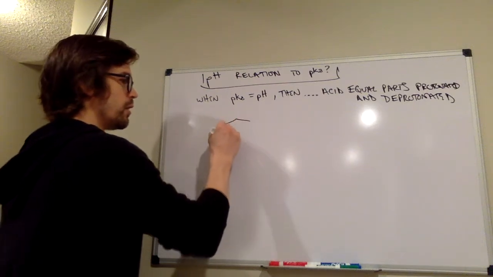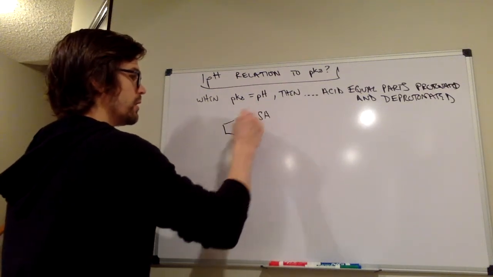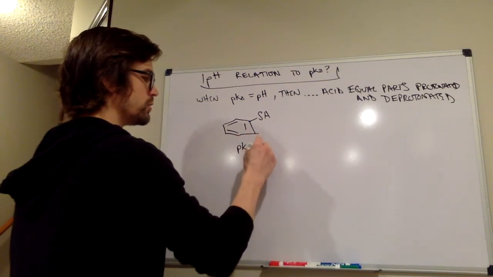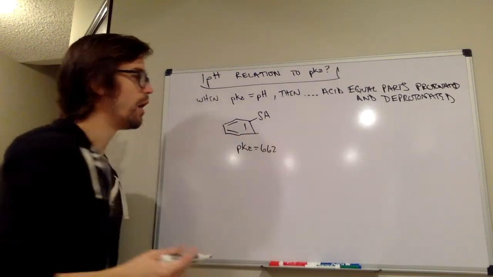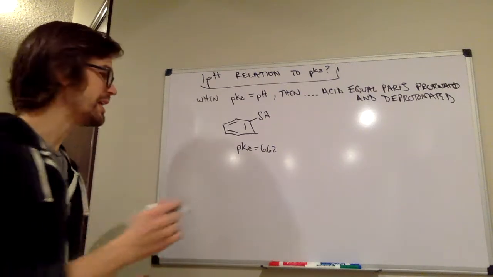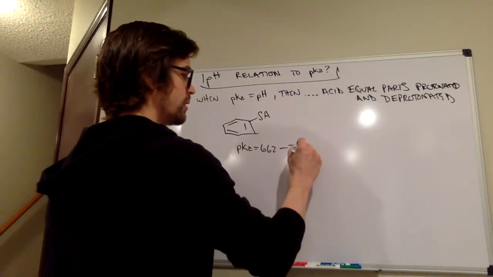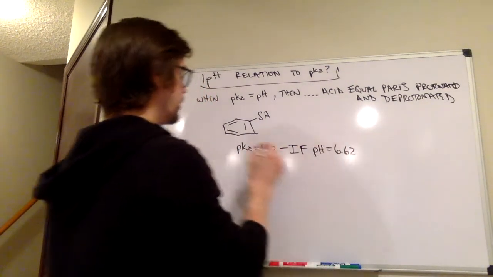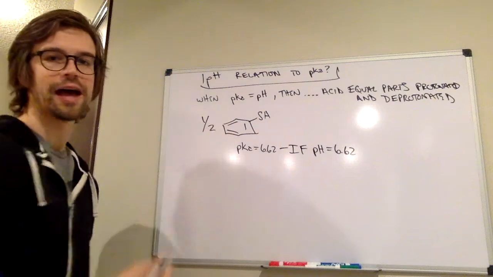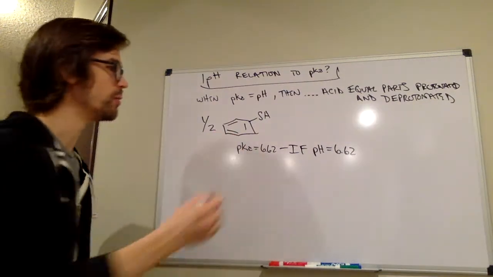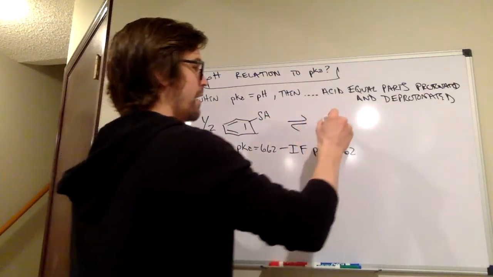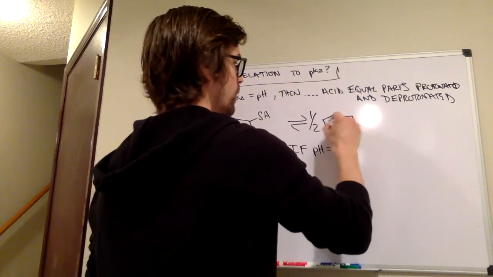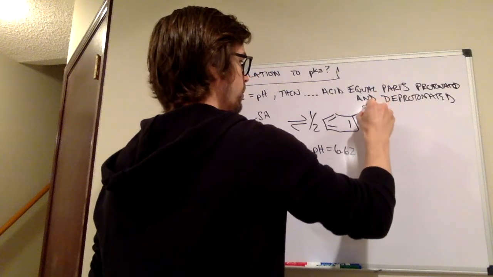So what does that mean? Well, let's take a look at thiophenol again. So we said that the pKa is equal to 6.62. So if the pH equaled 6.62, then 1/2 of the acid would be protonated. It would be in this form. And half of that acid would also be in the deprotonated form.